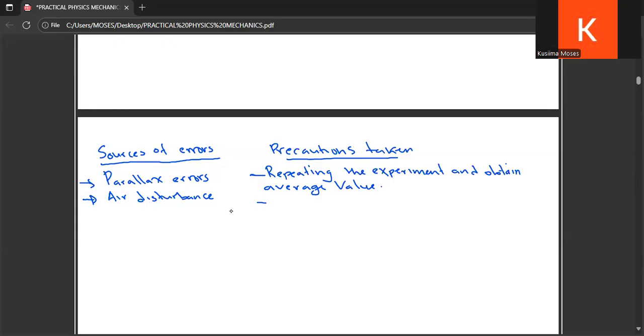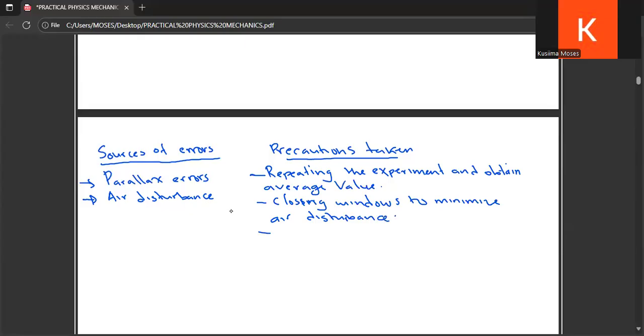Then another one, maybe closing up windows to minimize the entry of air. Closing windows to minimize air disturbance.